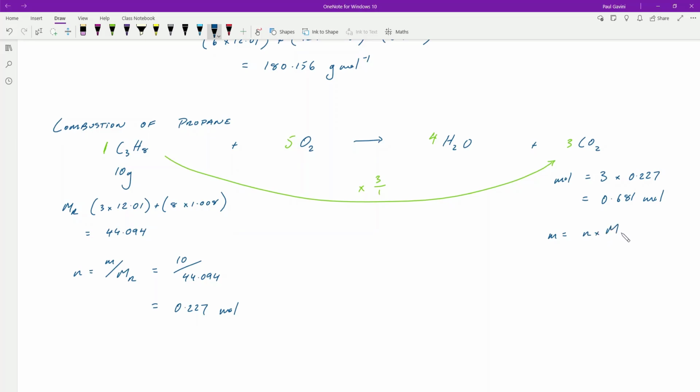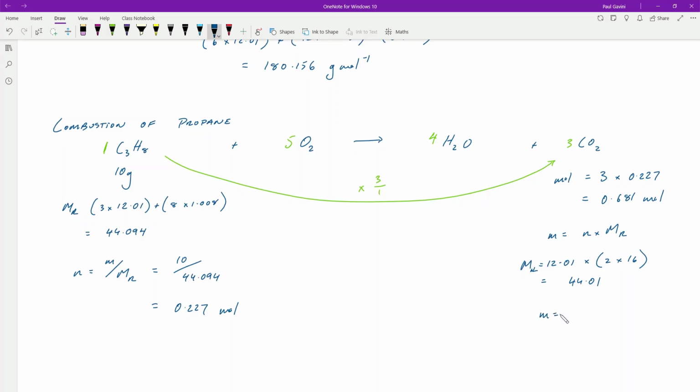Now if I want to convert moles into a particular mass, so mass is equal to moles times by relative molecular weight. So I've just rearranged the equation there. What is the relative molecular weight of carbon dioxide? So that's going to be 12.01 times by 2 times 16, which is the weight of oxygen. So that's going to give me a molecular weight of 44.01.